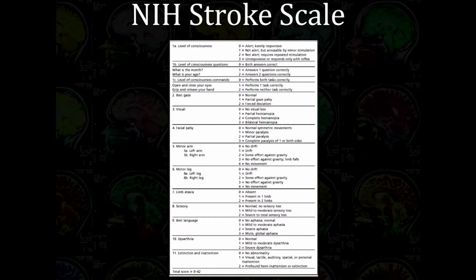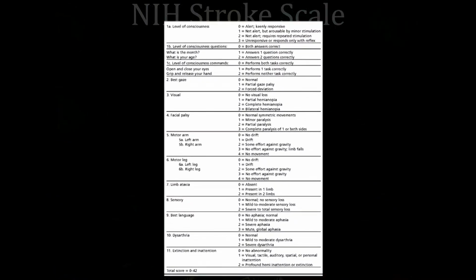If we look at this, you can see that it is extremely in-depth. It looks from level of consciousness, visual, gaze, facial paralysis, moves down into the arms, the legs, sensory, talks about language, dysarthria. And so it's all about a thorough assessment.